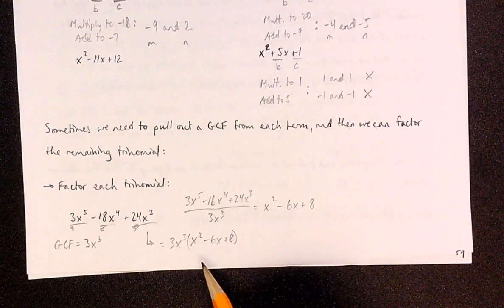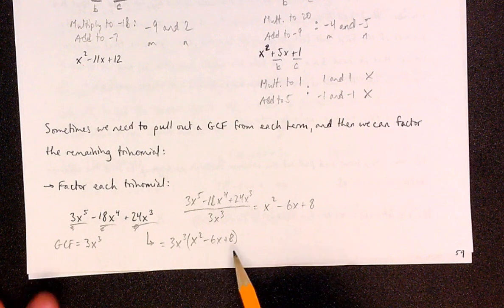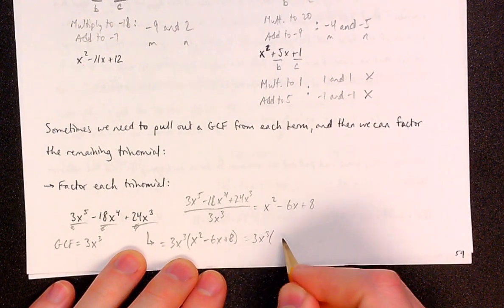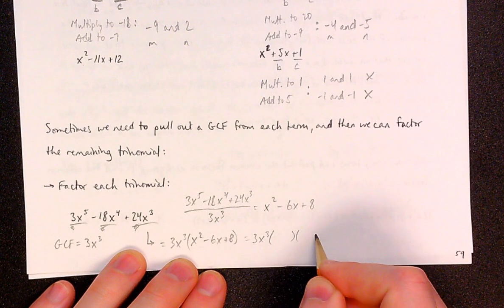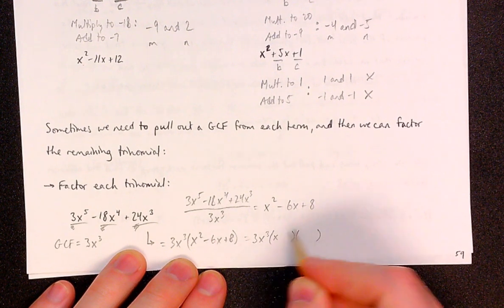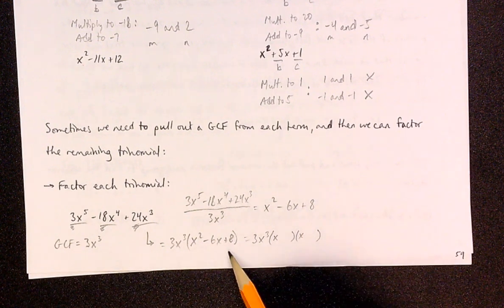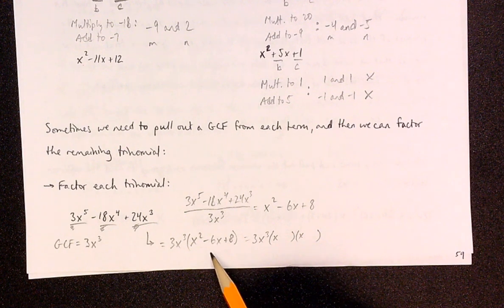Let's see if we can factor this thing. Each one has an x. And now I need numbers that will multiply to positive 8 and will add to negative 6.